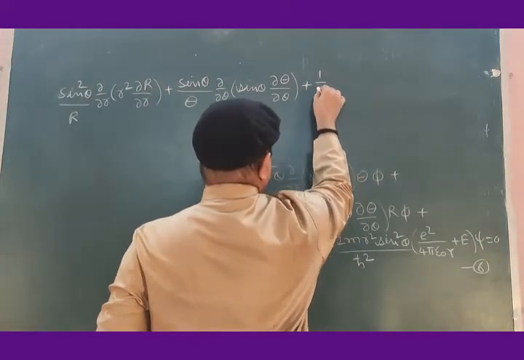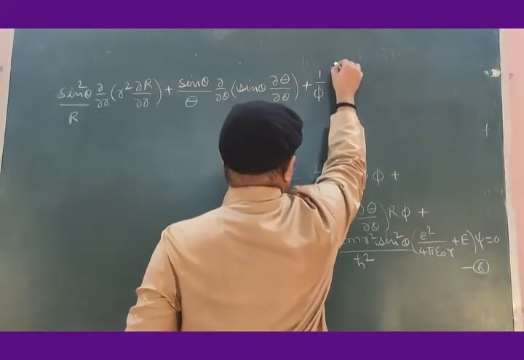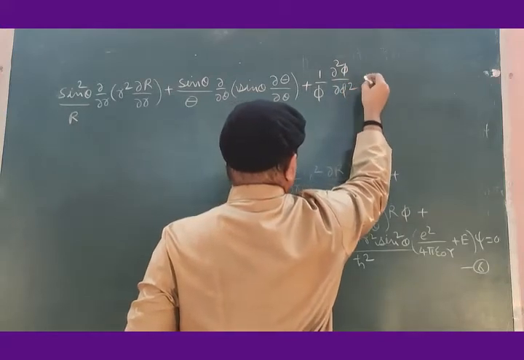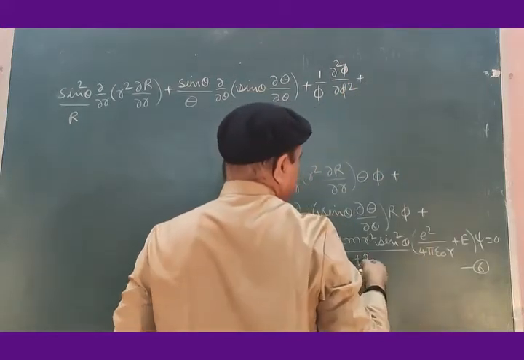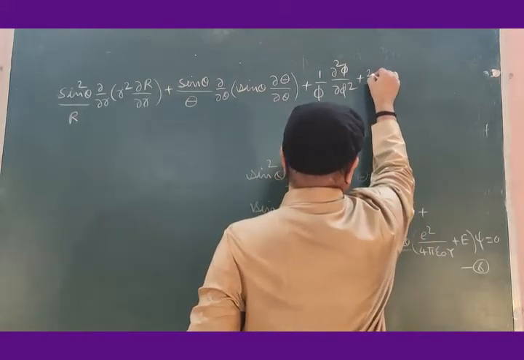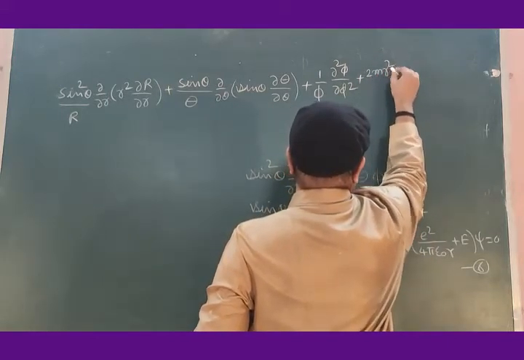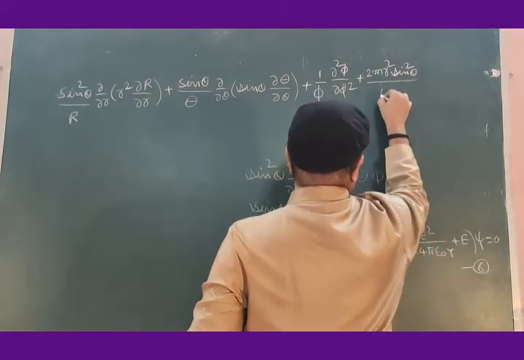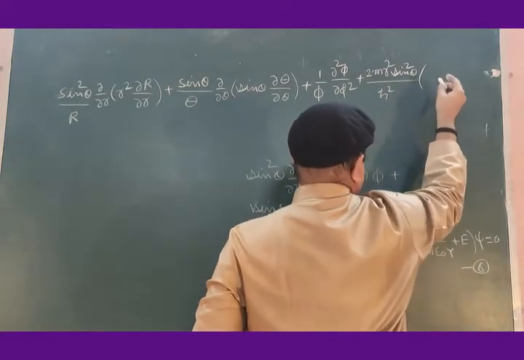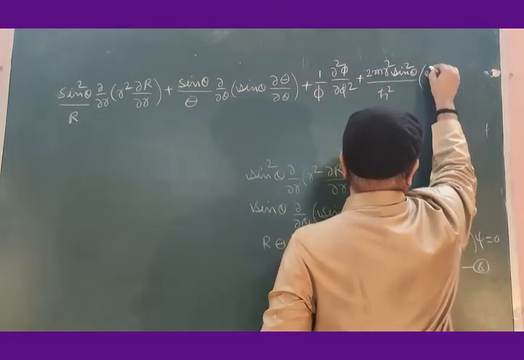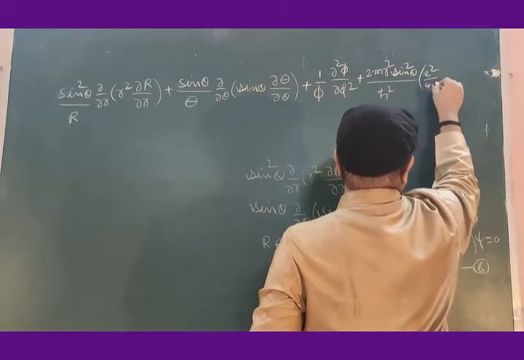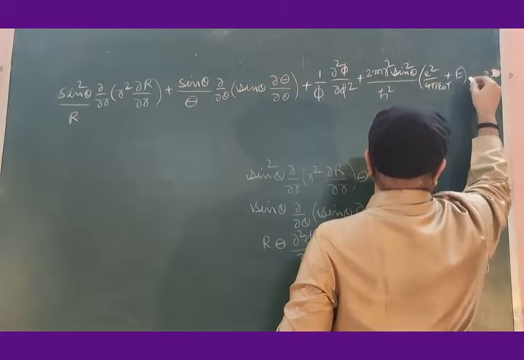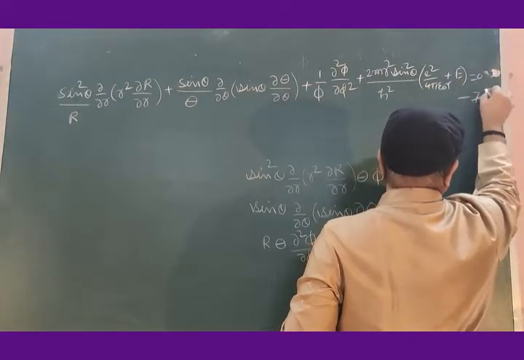So let me write this as 1 divided by capital Phi, dou 2 capital Phi divided by dou phi square, plus this constant term as it is, 2m r square sin square theta divided by h cross square into the bracket e square divided by 4 pi epsilon 0 r plus E, is equal to 0, equation 7.